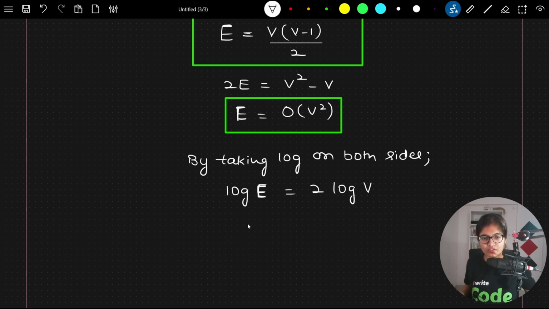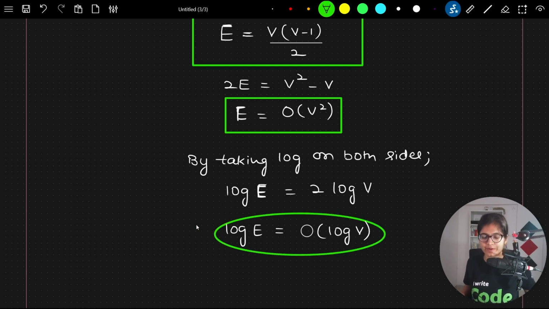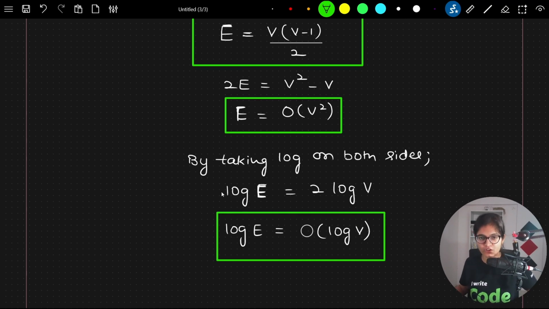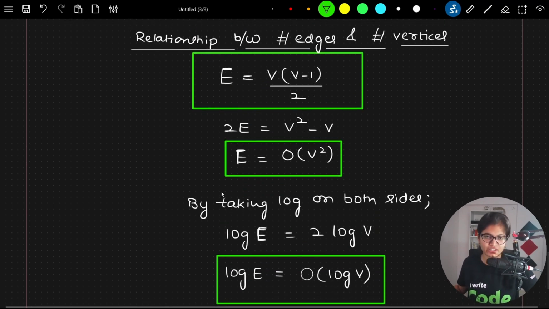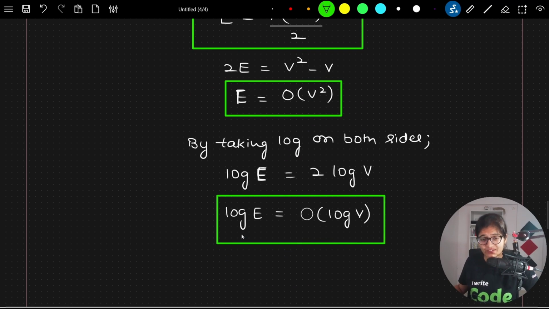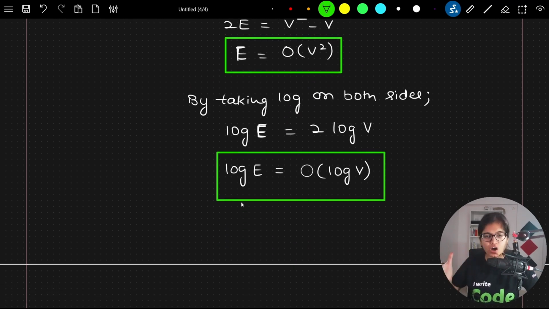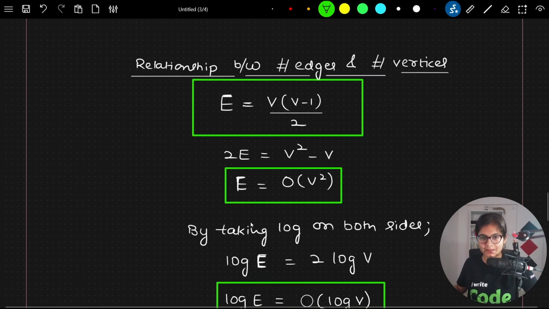So here if you observe, the log of E value can also be written as big O of log of V. This is another important thing that I am talking about here. This derivation is also very helpful in the upcoming part of our classes. That's why I am talking about this relationship as well. Again, wherever log E is written, if I replace it with log V, don't be afraid about how this is happening. This is happening because we already completed the intuition behind that, right?